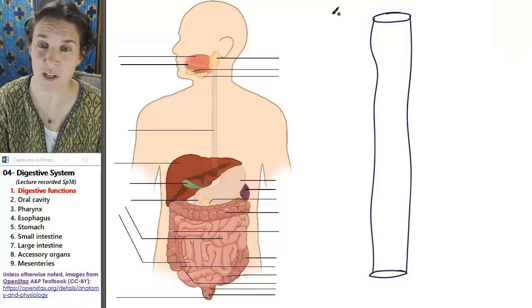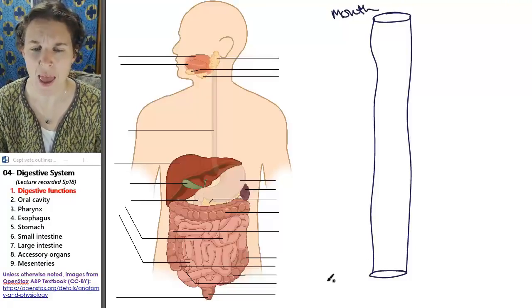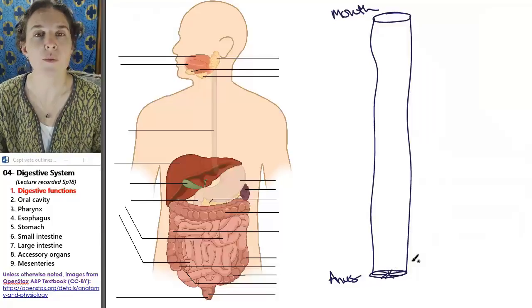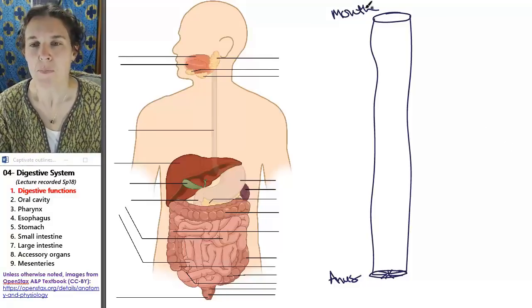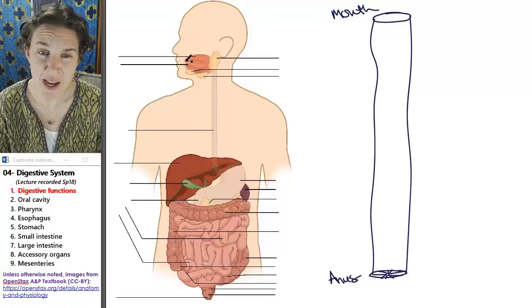We're going to call the top of the tube the mouth, and the bottom of the tube the anus. Maybe we'll make it look like a little sphincter while we're here. Got to go for the realistic details if we can have them. So here's the mouth. Here's the anus.